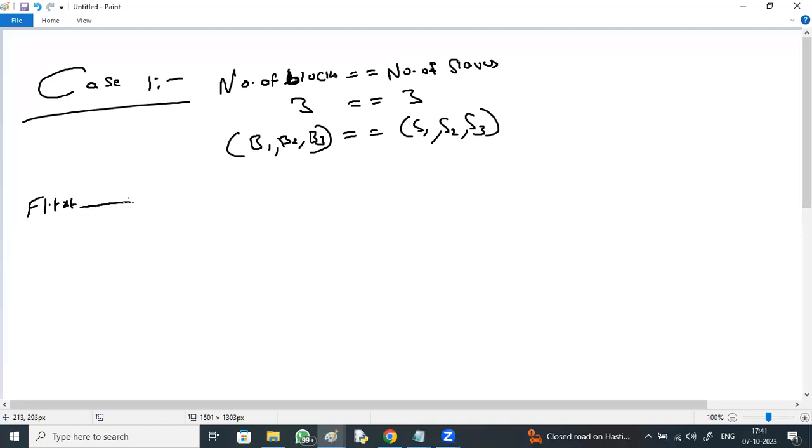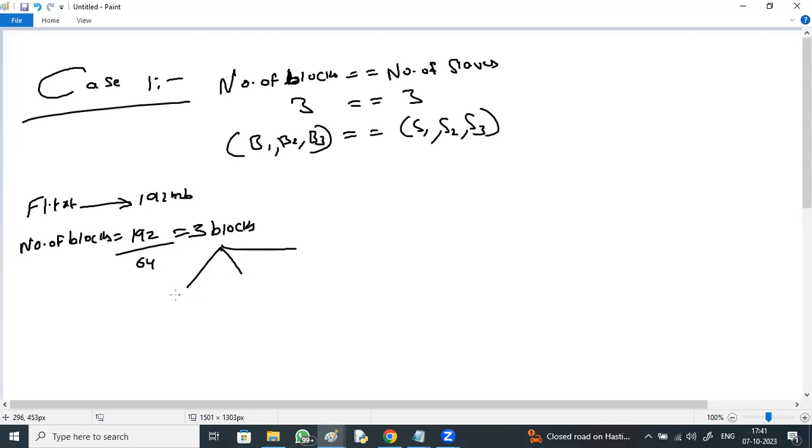f1.txt, assume the file size is 192 MB. Into how many blocks is it divided? 192 by 64, 3 blocks: B1, B2 and B3.